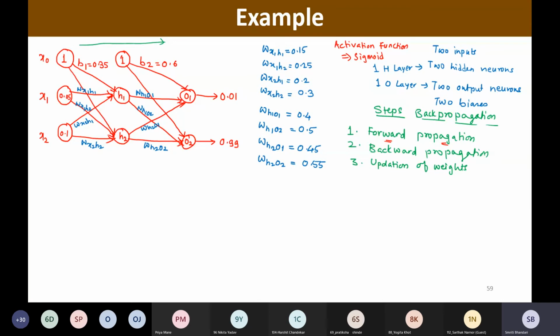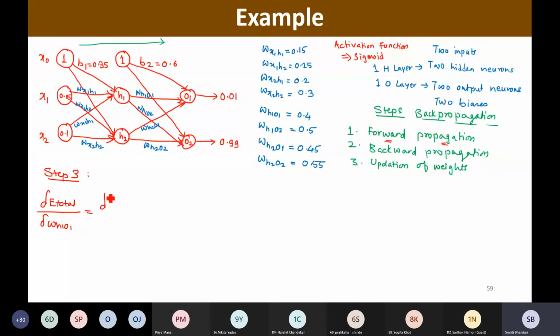So we are going for the actual updation of weight. So step number 3. What was our formula? Let us recall back. Partial derivative of E total with respect to WH1O1, and the chain rule we have applied.